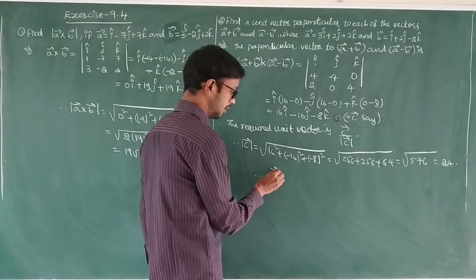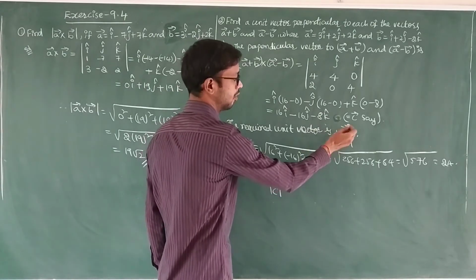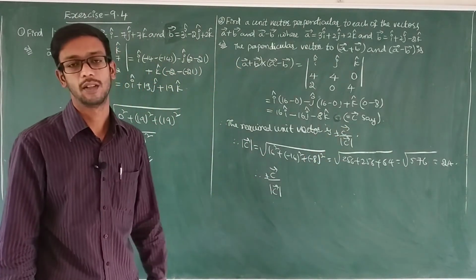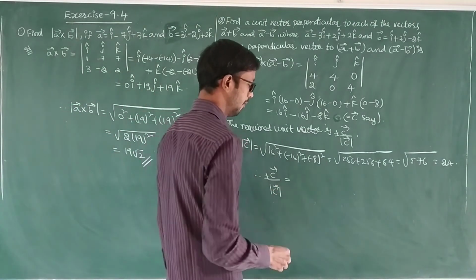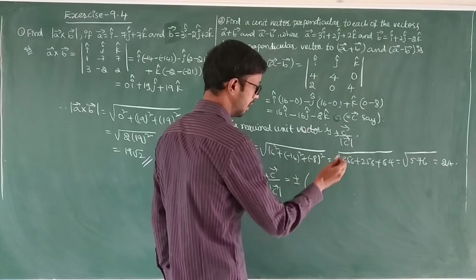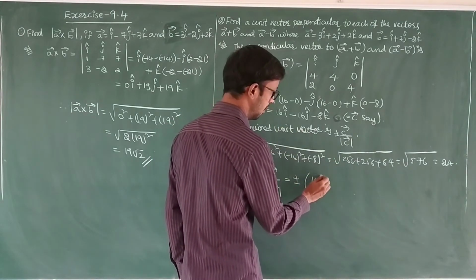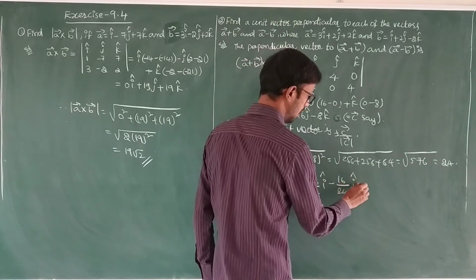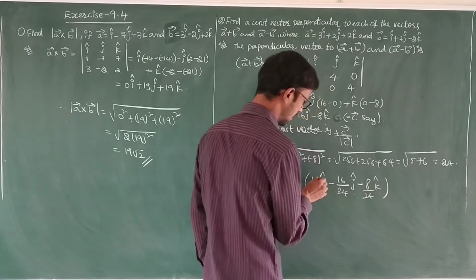Therefore, the answer: you have to mention plus or minus, because the negative may also be perpendicular, and the positive is also perpendicular. It equals plus or minus 16 by 24 I cap minus 16 by 24 J cap minus 8 by 24 K cap.